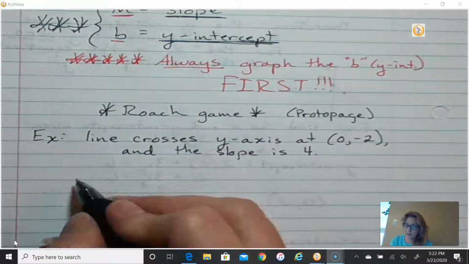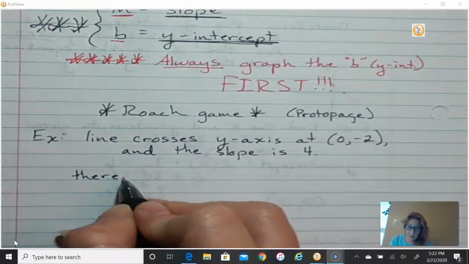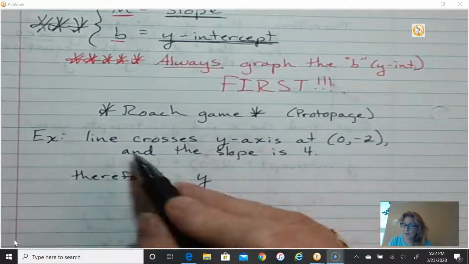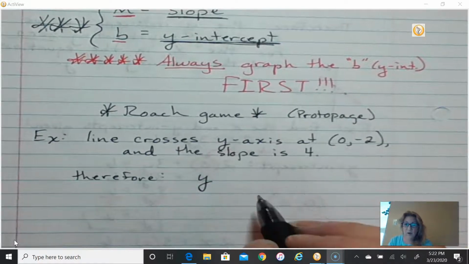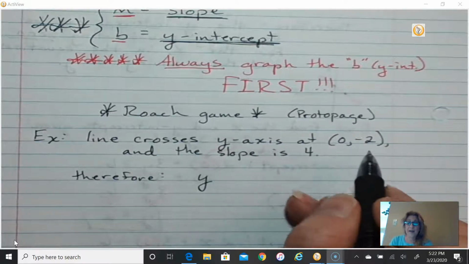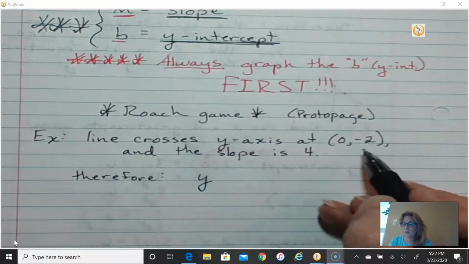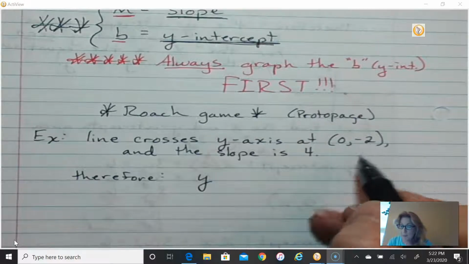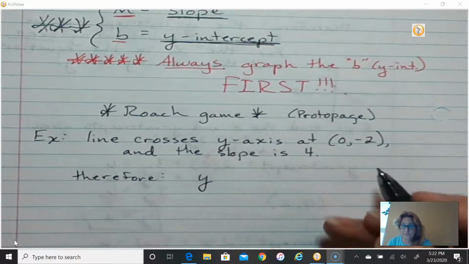Therefore, we want to create an equation with that. That's all they gave you, and they want you to write down the equation that goes with this. Knowing that the line crosses the y-axis at this point, that's your y-intercept. Okay? And the slope is 4.